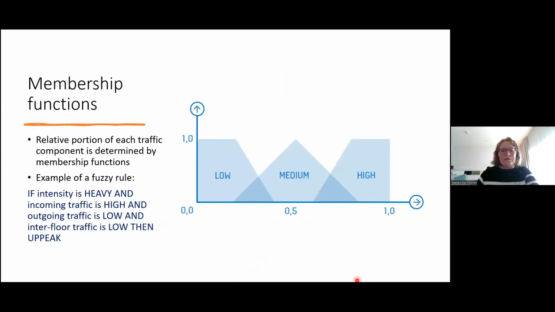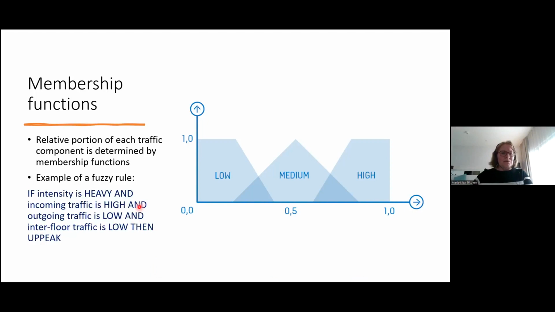And this way, we used membership functions for these high, low, and medium to get change of traffic pattern smooth in the control system so that it doesn't jump immediately from incoming up peak to down peak, so that it smoothly goes from one pattern to another.